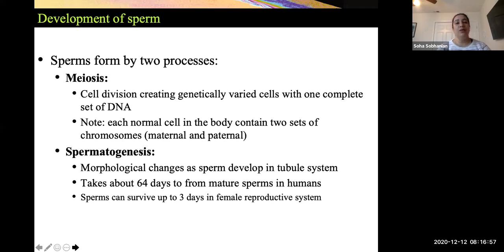So when we hear the word mitosis, which I mentioned earlier in the semester, we start with one cell. In our body, it would have 46 chromosomes inside of it, 23 from the mom and 23 from the dad. By the end of mitosis, you are producing two cells, and these two cells are going to be identical to the original cell that you started with.